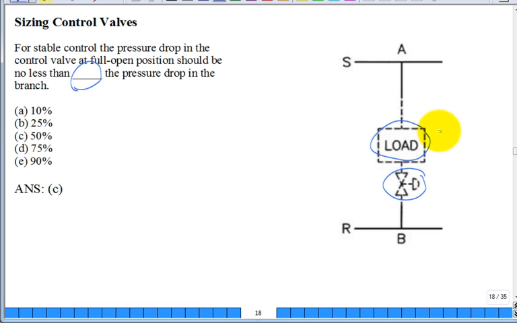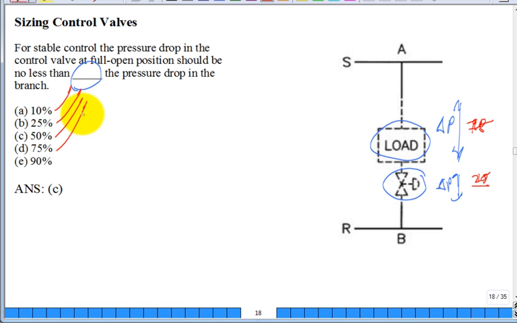So this is the pressure drop in the load, we call that the branch, and then we're going to have the pressure drop in the fully open control valve. What percentage is this? Is this 10 and this is 90? Or is this 25 and 75? So what answer works? What answer is the best answer?